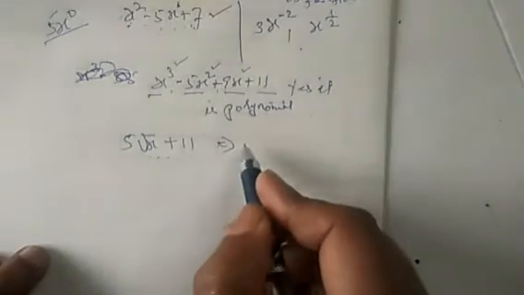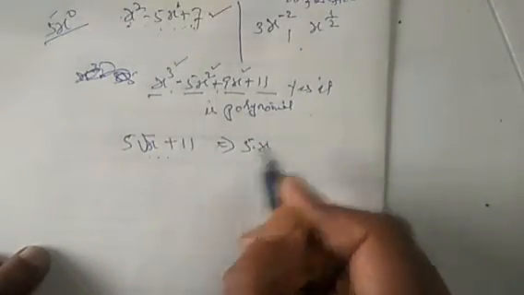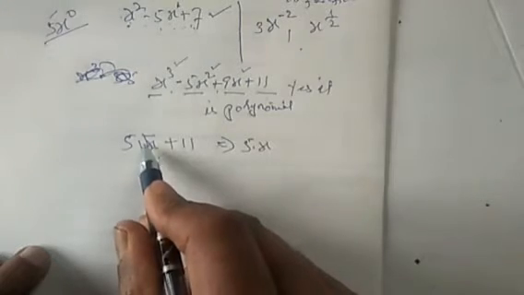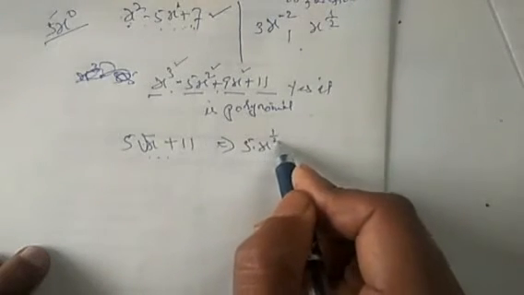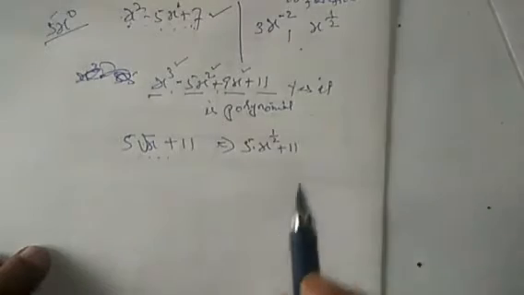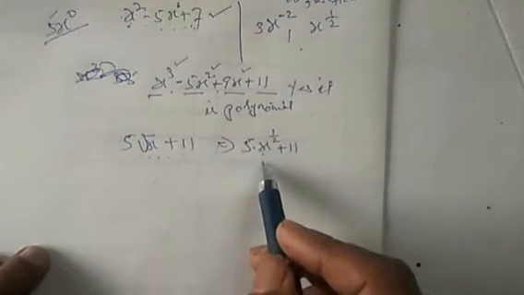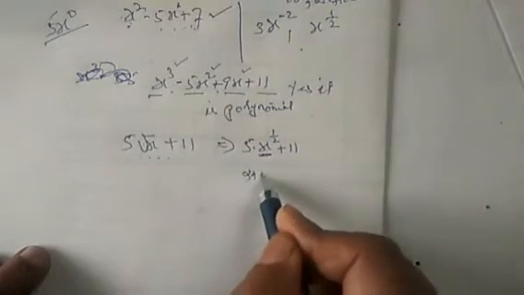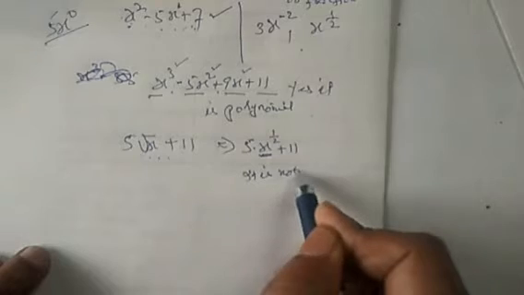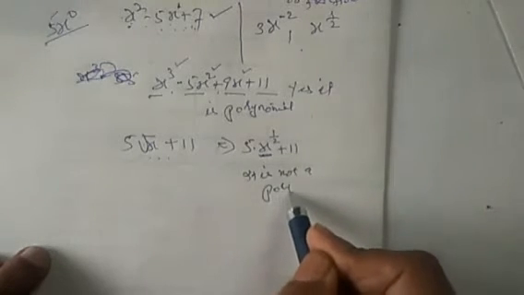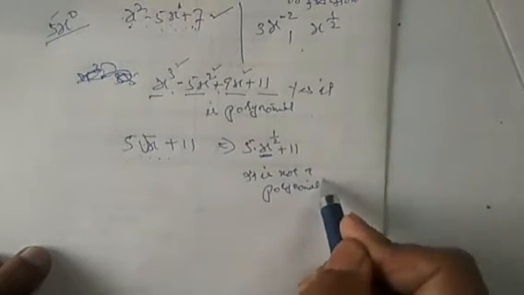Here x has a root sign, the square root, plus 11. The power of the variable becomes a fraction, and a fraction or a negative power means it is not a polynomial. So you will write it is not a polynomial.